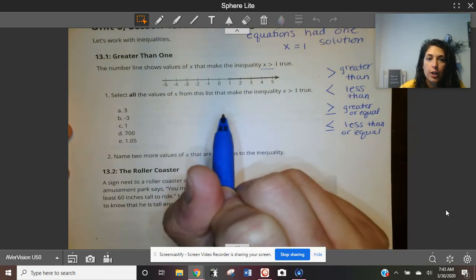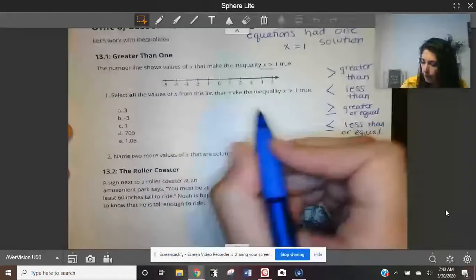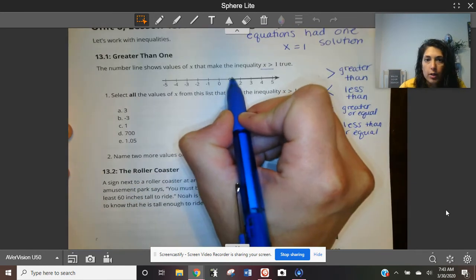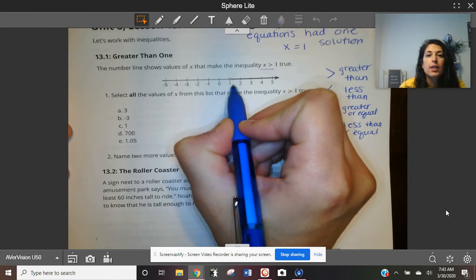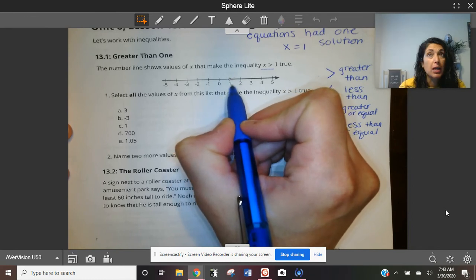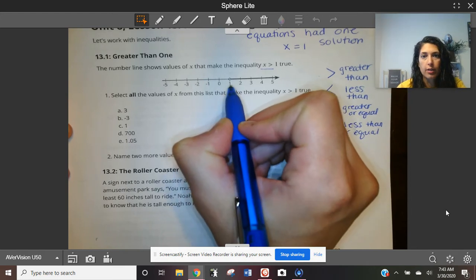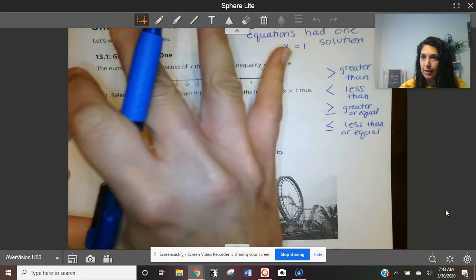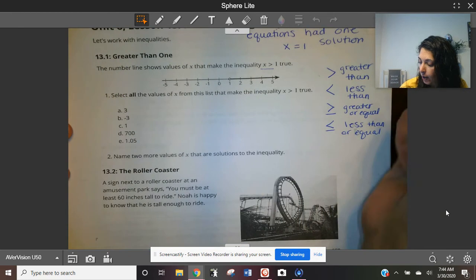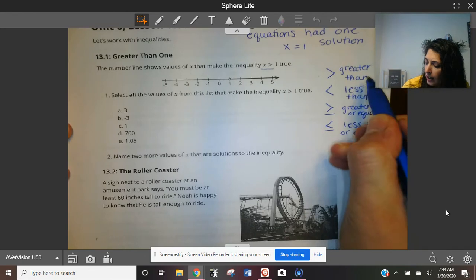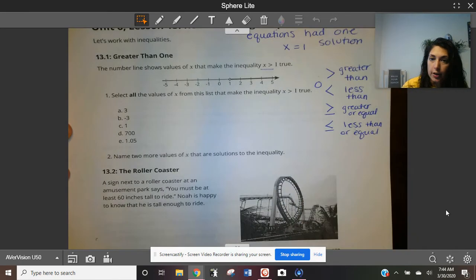So the first thing we're going to do is answer this question. But one thing I wanted to show you is notice that this has an open circle right here. This open circle means that it cannot be 1. It can be 1.000001. It cannot be the number 1. As soon as you make it the number 1, it makes the inequality false. So that is not going to be it. If you have greater than or less than, that's going to be an open circle.